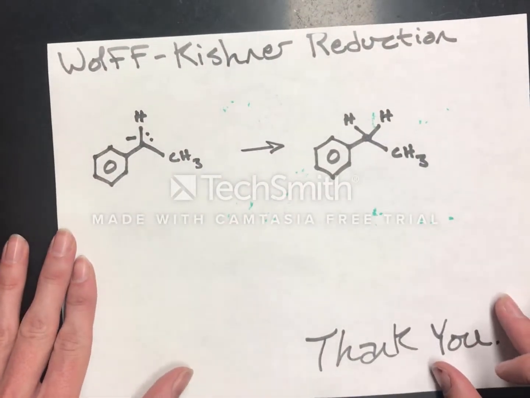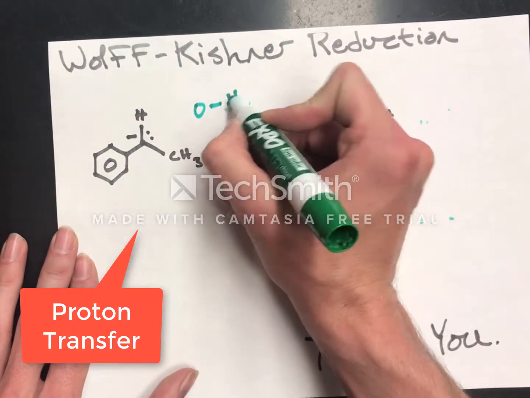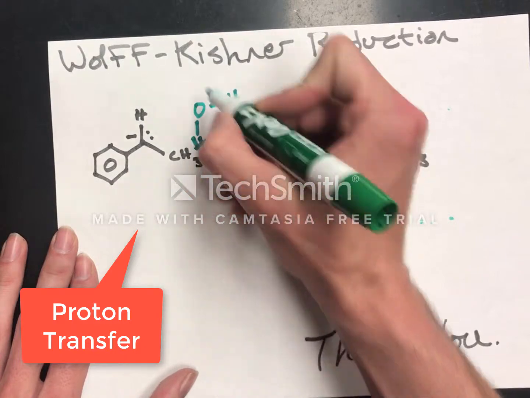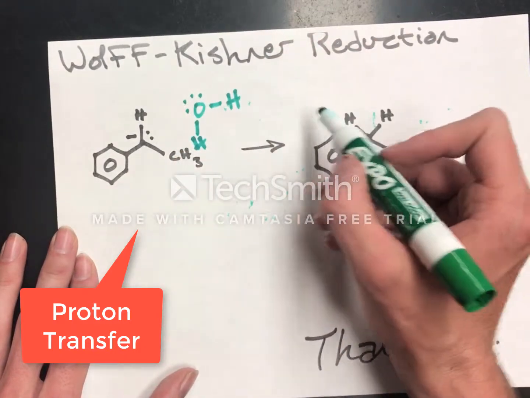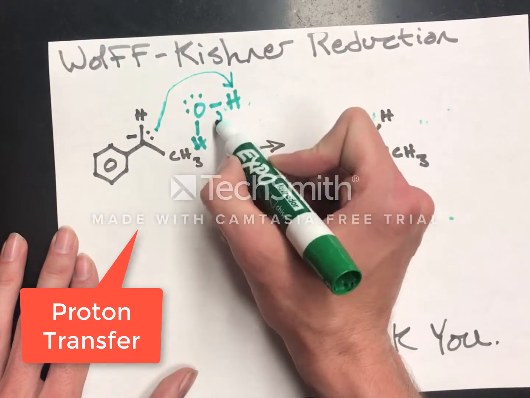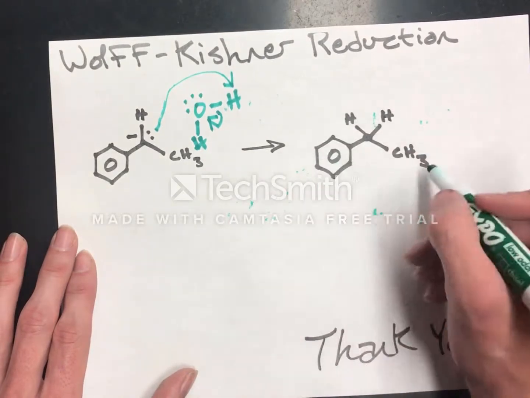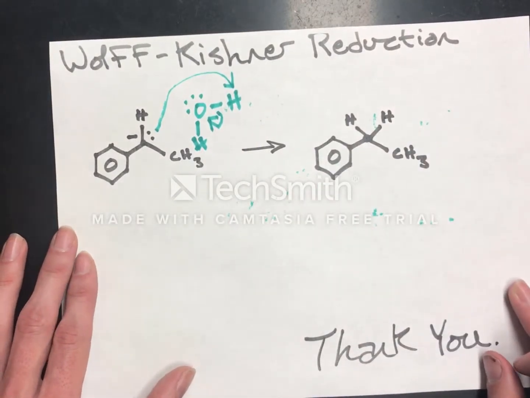Once diazine is left, water exists, and the lone pair on carbon is then able to reform our catalyst NaOH once again and form our final product, ethylbenzene.